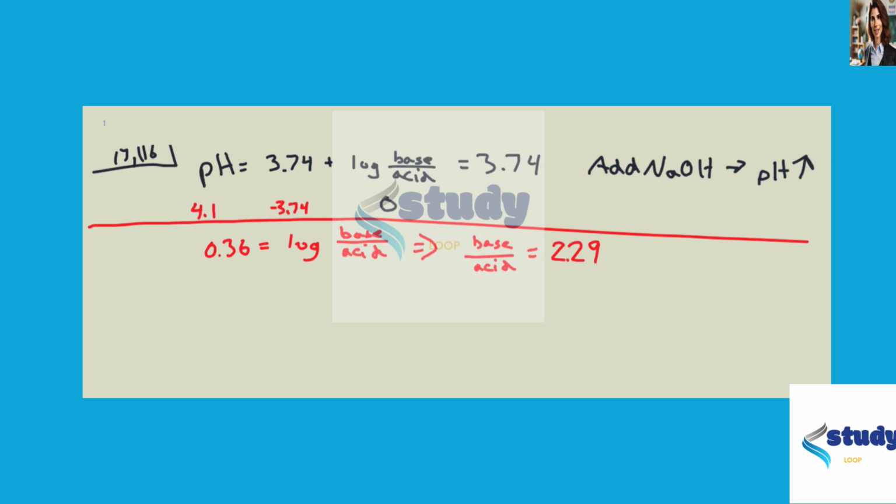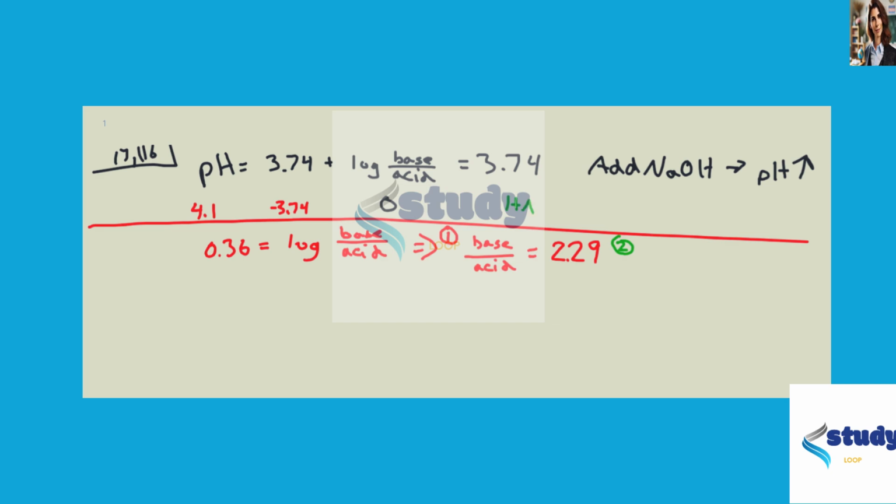So we can create two terms for base and acid. We know that this is one of them. This is our term number 1. And our second term, we can calculate from the beginning. We have the initial number of moles, not concentration, of base as 0.025.